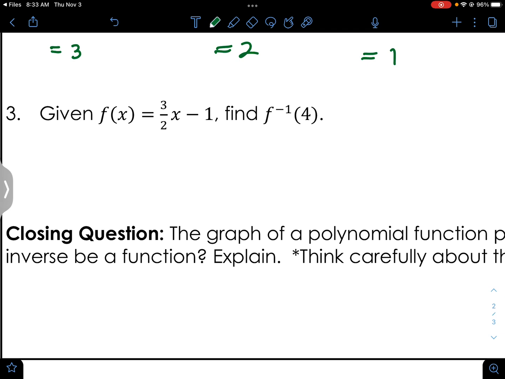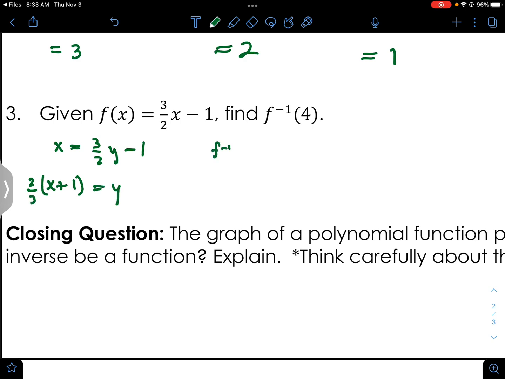Here we have f of x equals 3 over 2 x minus 1. Find f inverse of 4. There's a couple ways you could do this. I could just find f inverse. So I could switch the x and the y like so, and then solve: x plus 1 times 2/3 equals y, and then plug that in.